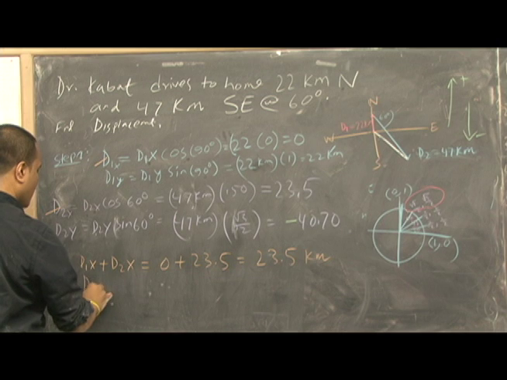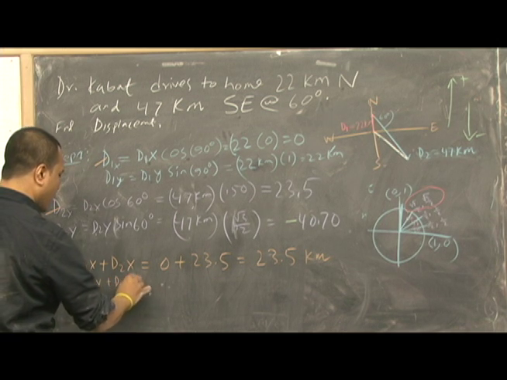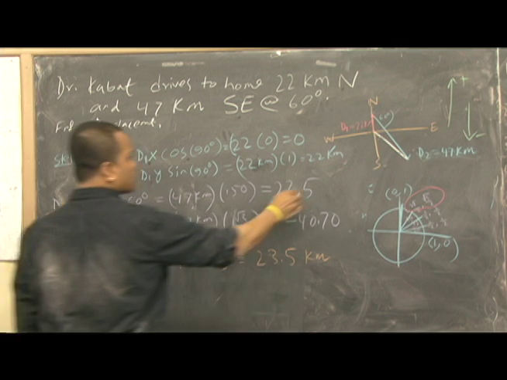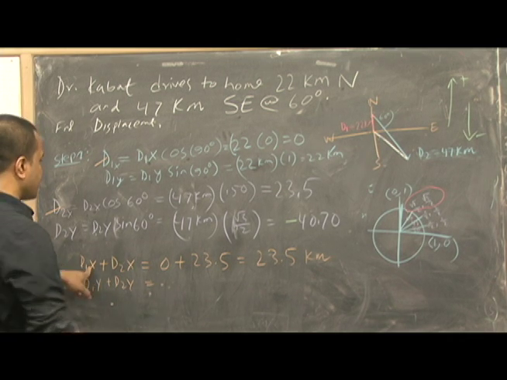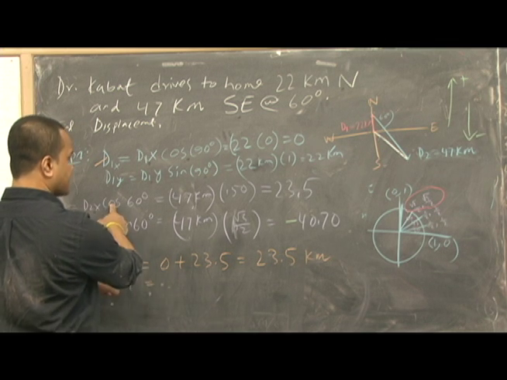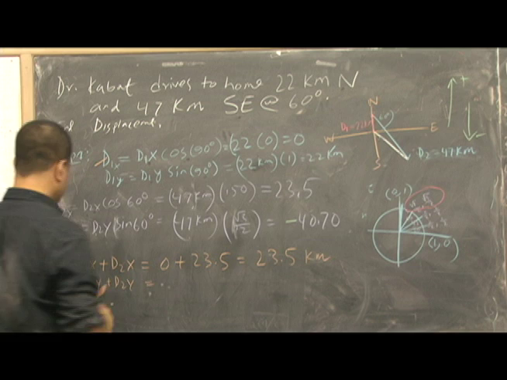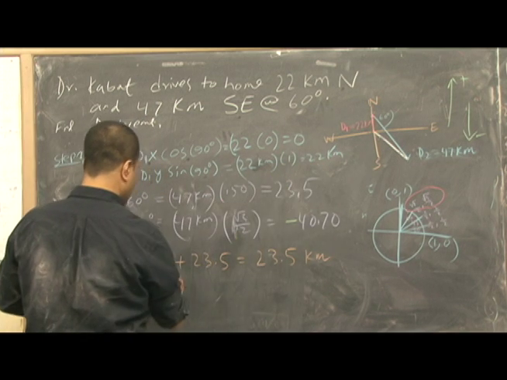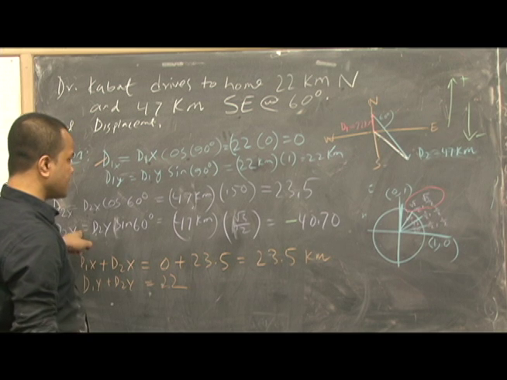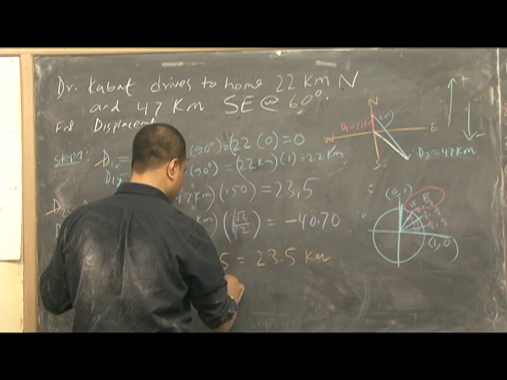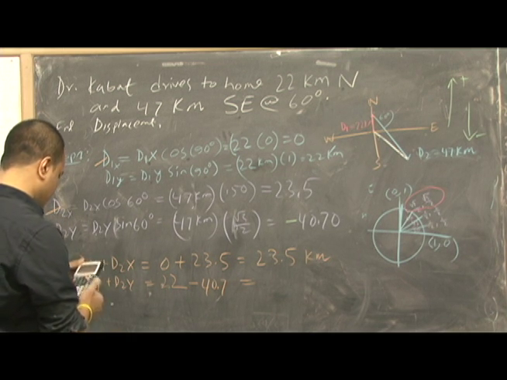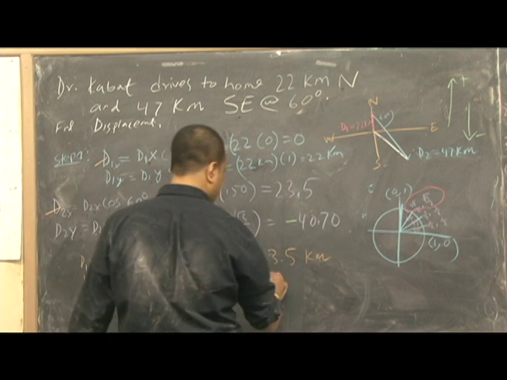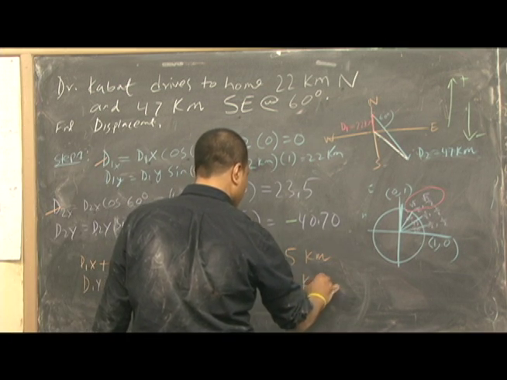And D1y plus D2y: D1y is 22, and D2y is minus 40.7, which gives negative 18.7 kilometer.